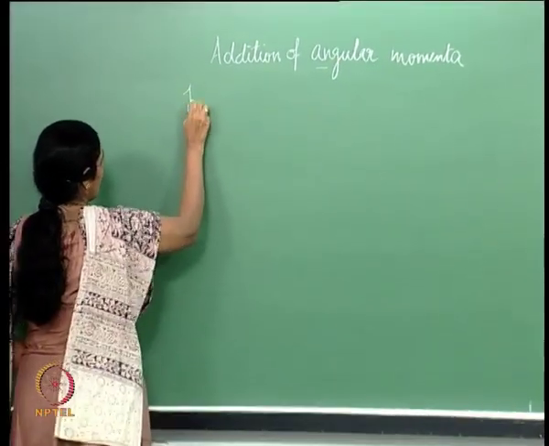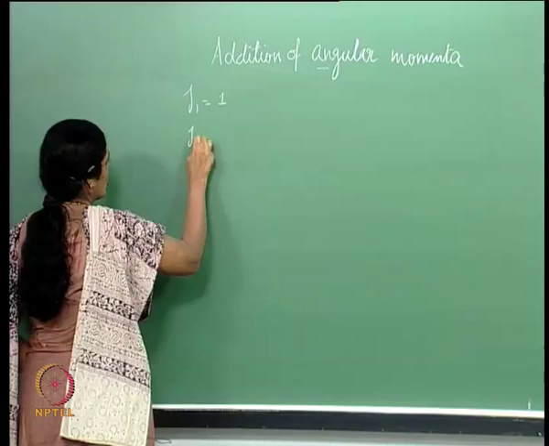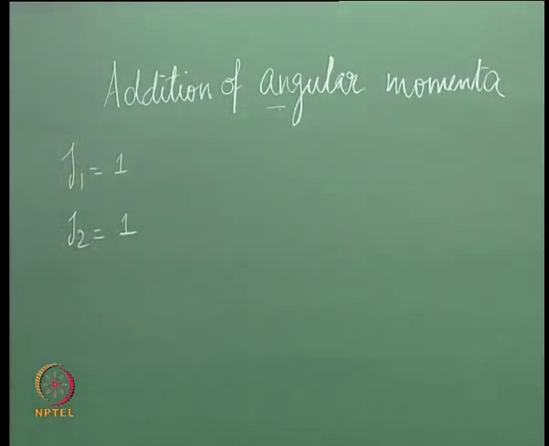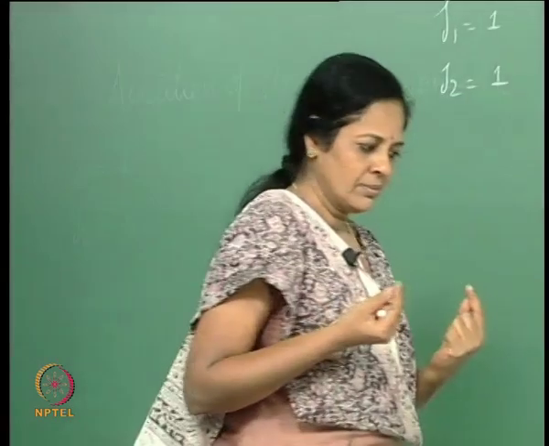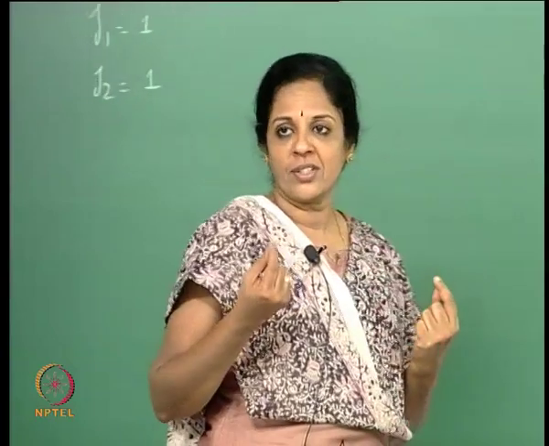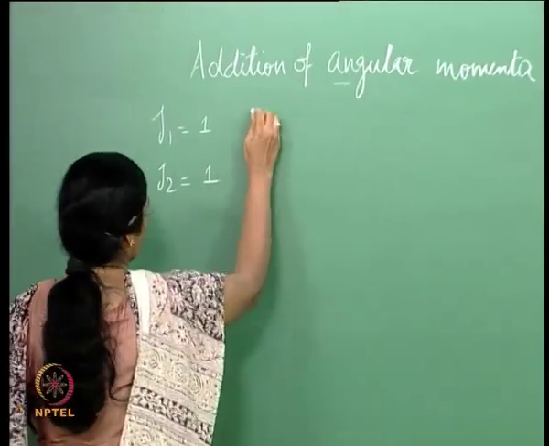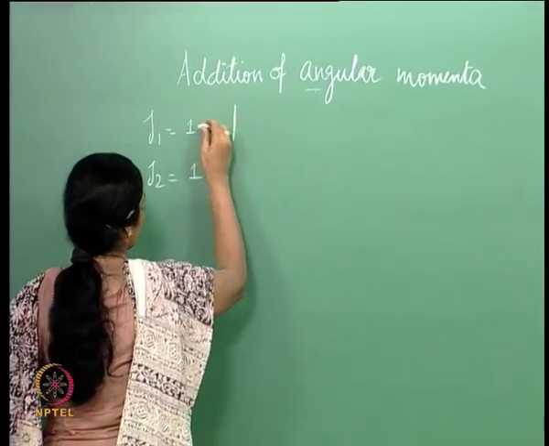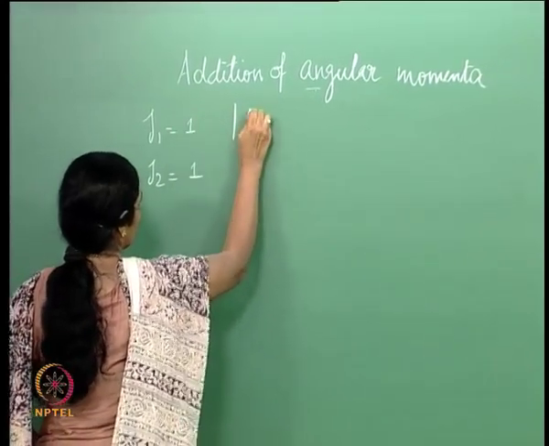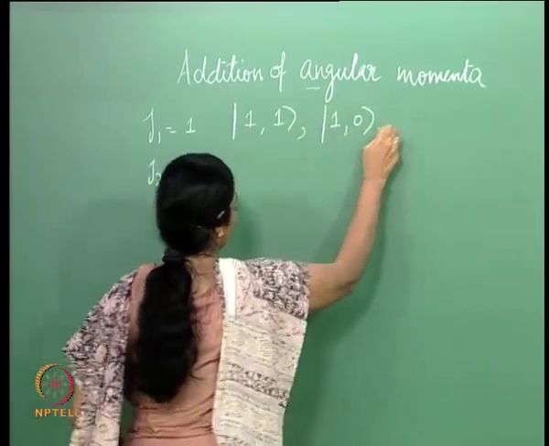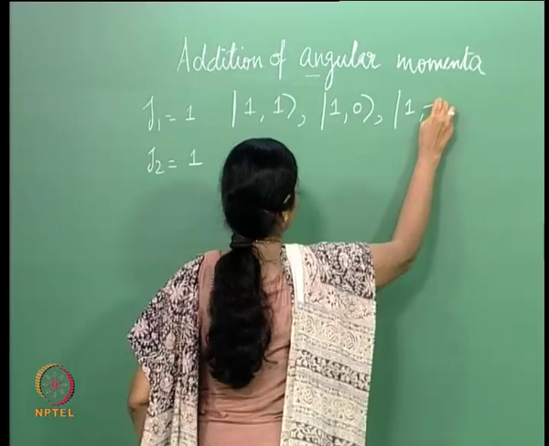So, with addition of angular momenta, I have J1 is 1 and J2 is 1. So, these are two spin 1 objects or isospin 1 objects. If J1 is 1, the various uncoupled states corresponding to this are 1 1, 1 0 and 1 minus 1.